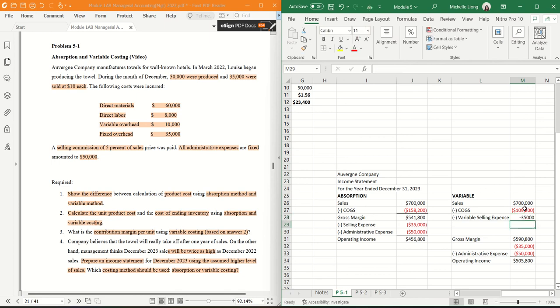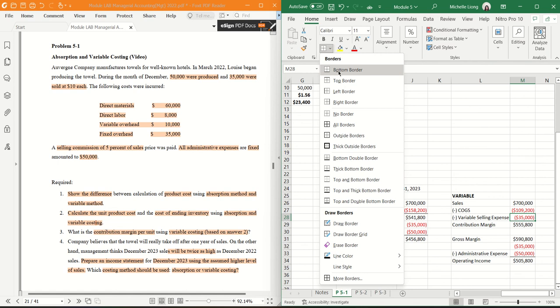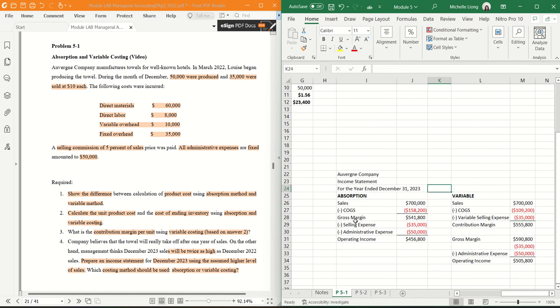Okay, and we get the contribution margin, which is 550. Why it's contribution and it's not gross? Because we still have the fixed costs.